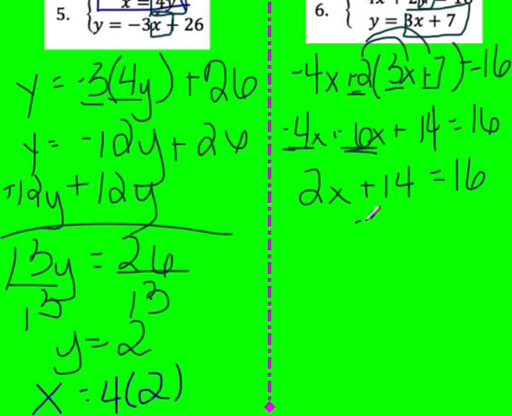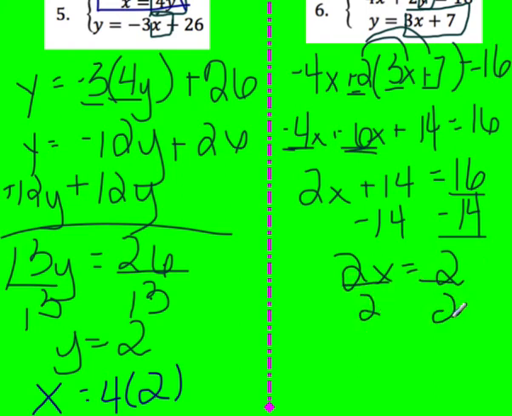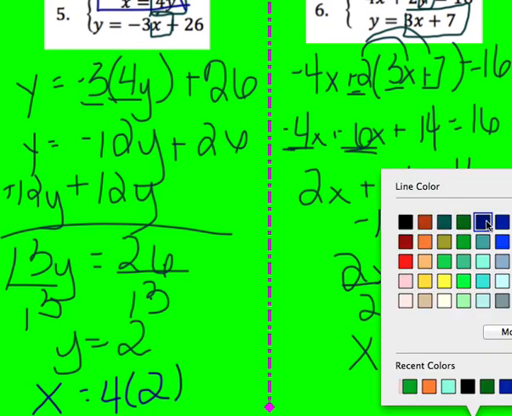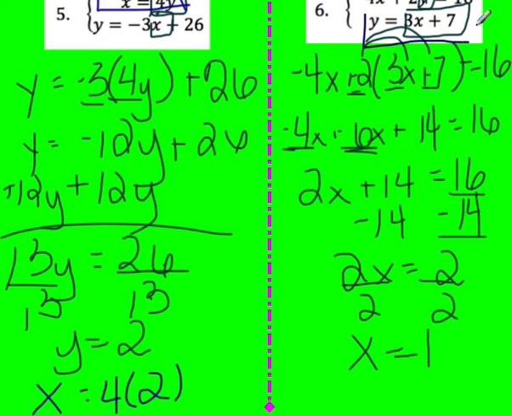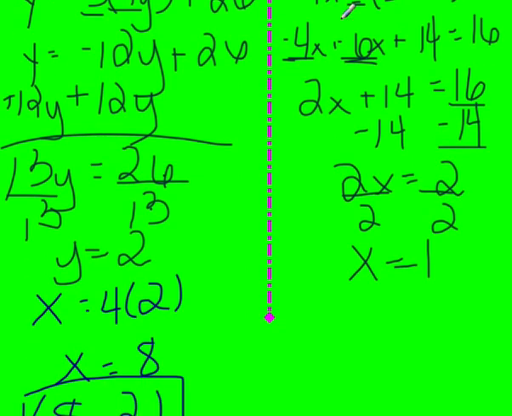So now I'm going to go ahead and subtract 14 from both sides. And then I get 2x is equal to 16 minus 14. So that's going to be 2. So now I need to divide both sides by 2 to solve for x. And I get that x is equal to 1. So now that I know x is equal to 1, I'm going to look back at this equation right here. So I'm going to take x out completely, and I'm going to substitute 1 in instead.